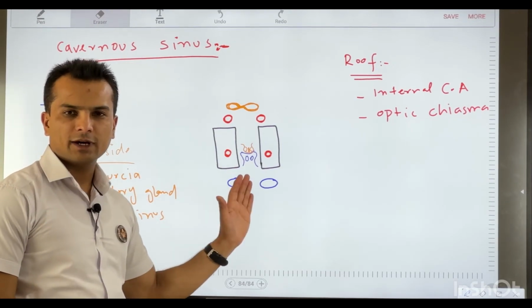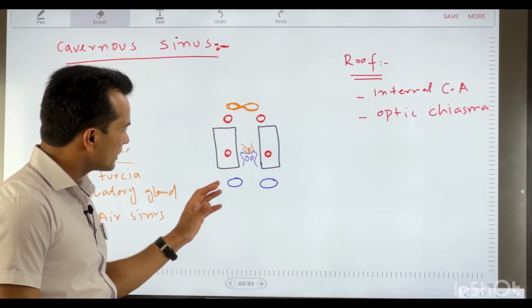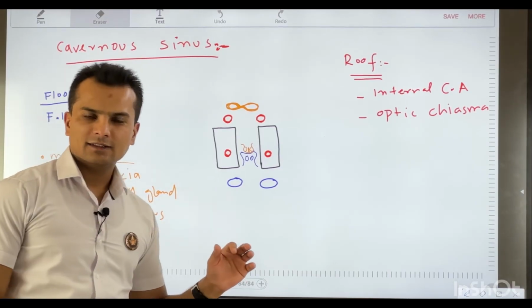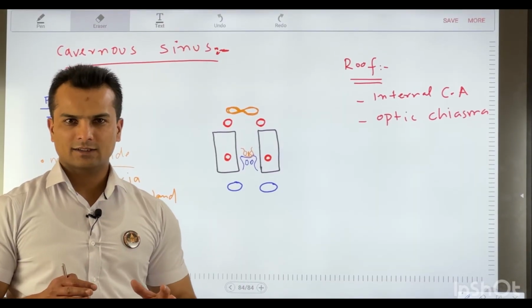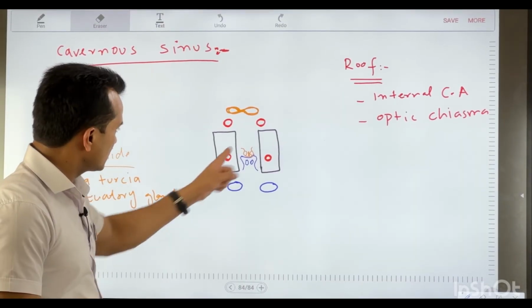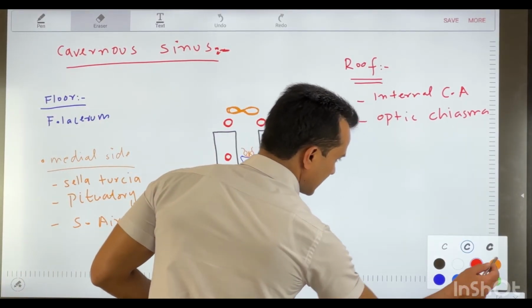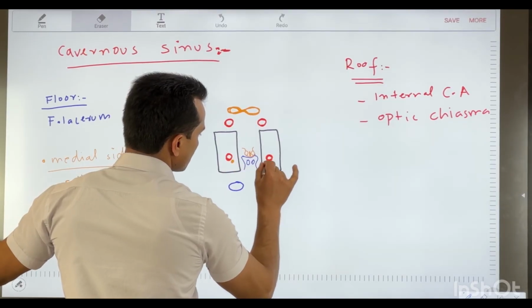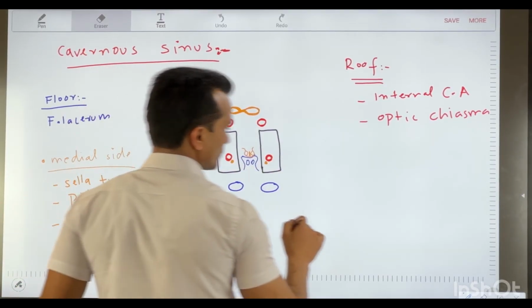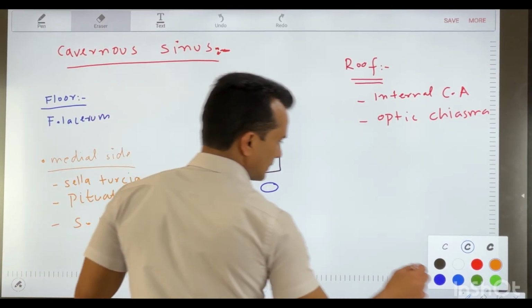So this is very important. Most frequently asked question in your exam from this cavernous sinus is: what are the structures passing inside the cavernous sinus? So one is the internal carotid artery, and the second structure which passes through this cavernous sinus is basically the sixth cranial nerve, the abducens nerve.